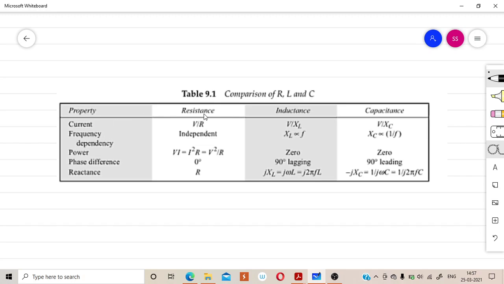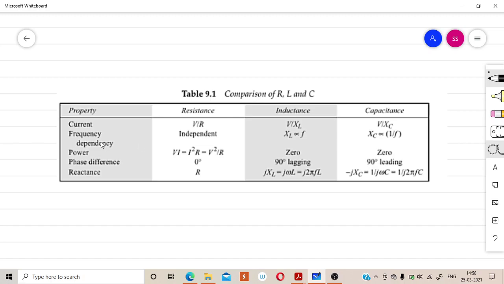First, current. In the first case it is V by R as per Ohm's law, where V is the RMS value. Then in a pure inductive circuit it is V by XL, and in a pure capacitive circuit it is V by XC. Then frequency dependency, that is, whether the resistance has a frequency term or not.